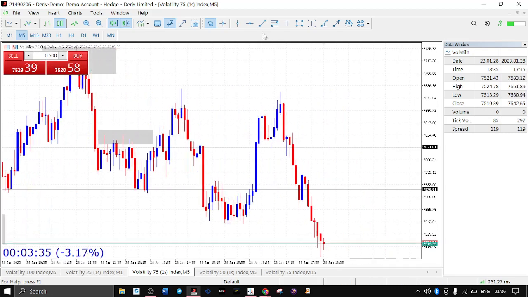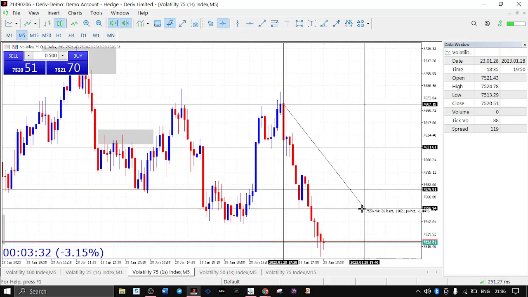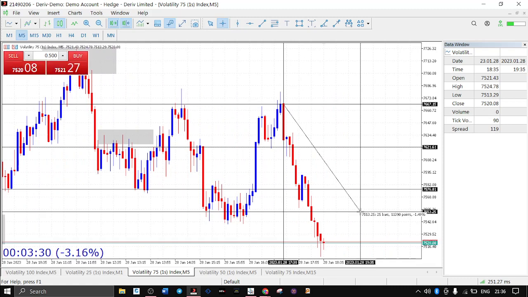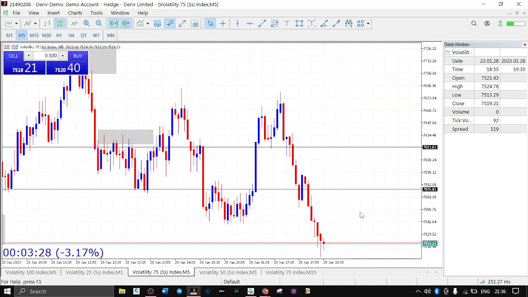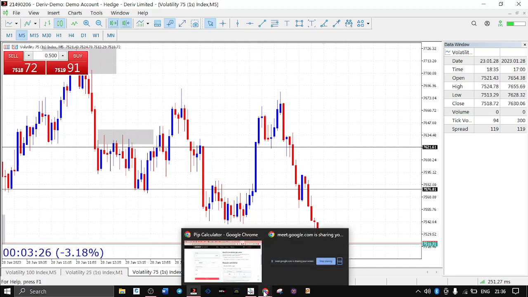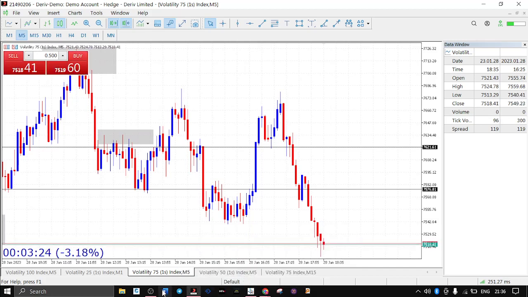Then you're able to determine how much. Or you can do it on a demo. You get the lot size times the number of points you've moved, and it will give you the answer.